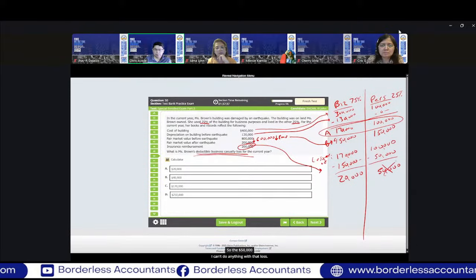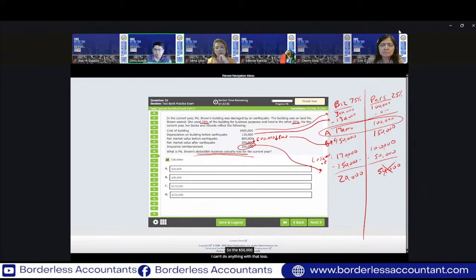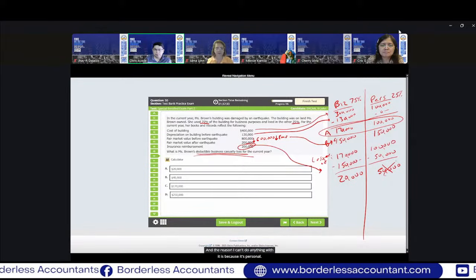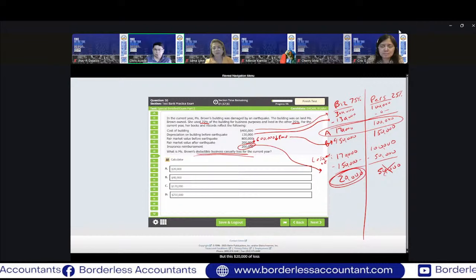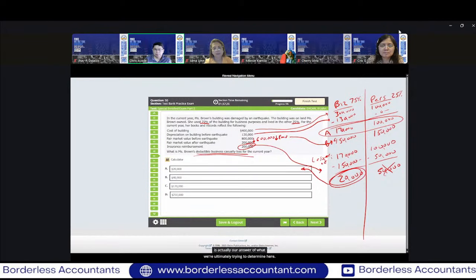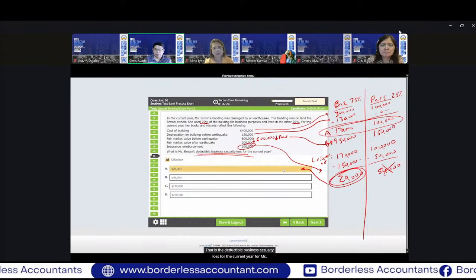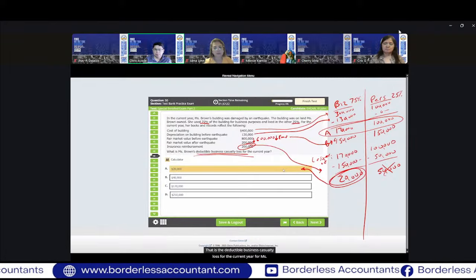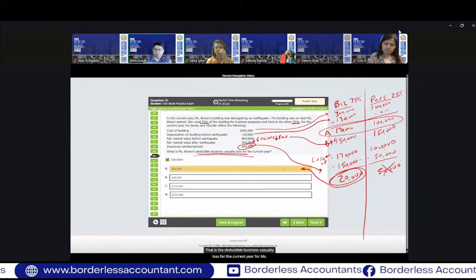So the $50,000, I can't do anything with that loss, and the reason I can't do anything with it is because it's personal. But this $20,000 of loss is actually our answer of what we're ultimately trying to determine here. That is the deductible business casualty loss for the current year for Ms. Brown.